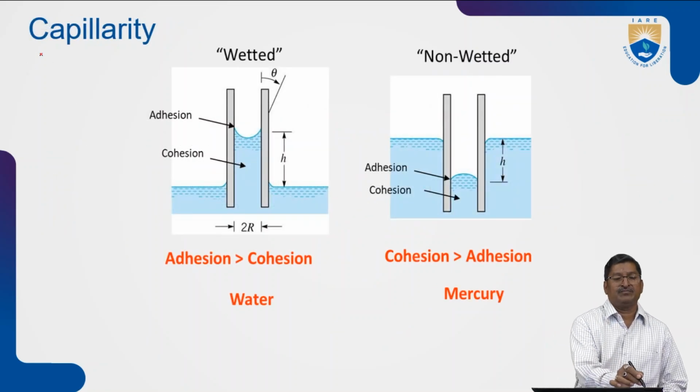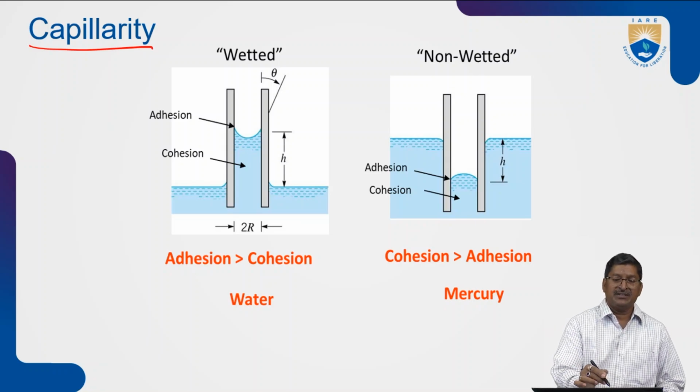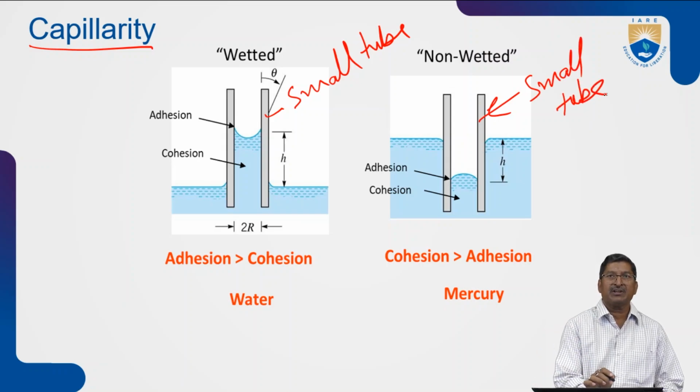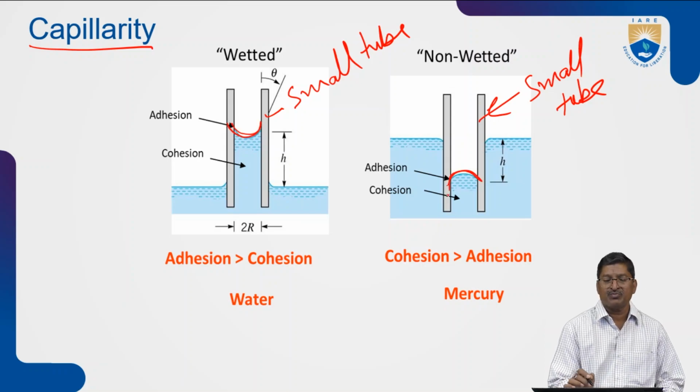Then capillarity. Okay. Capillarity, you can see this is a small tube. This is also a small tube. So here you can see the liquid has a U shape, but here it is an inverted U shape.